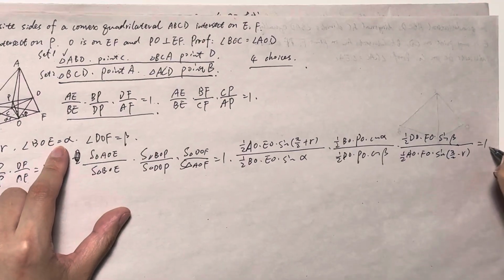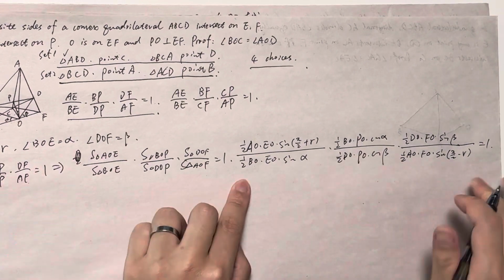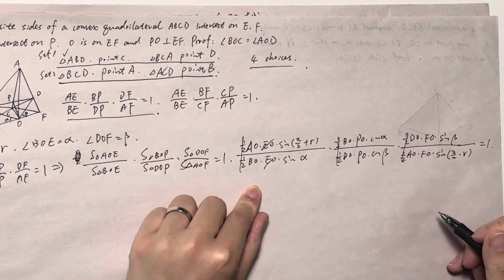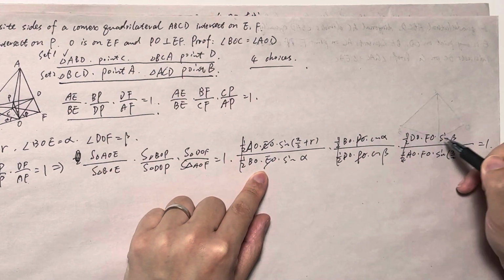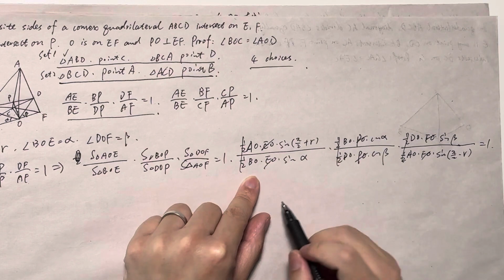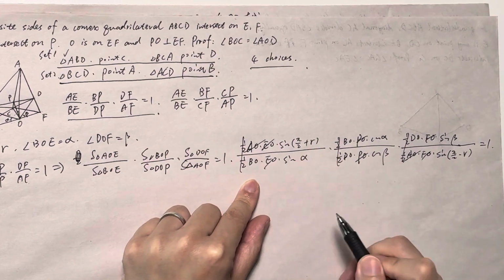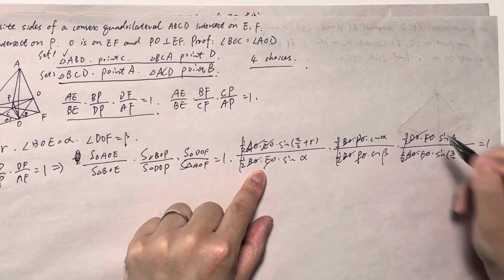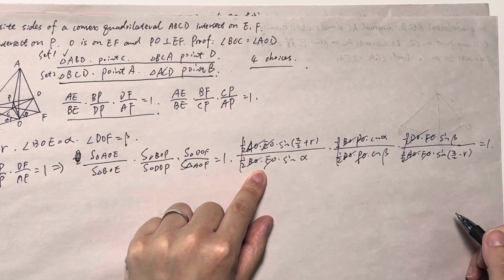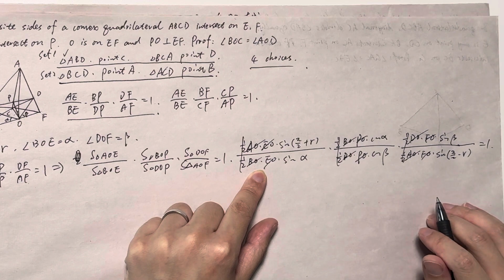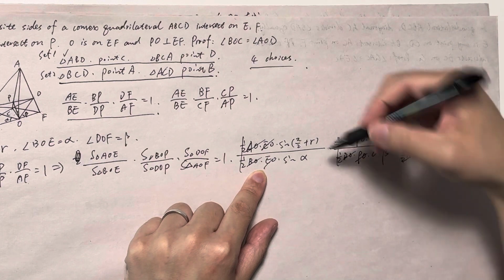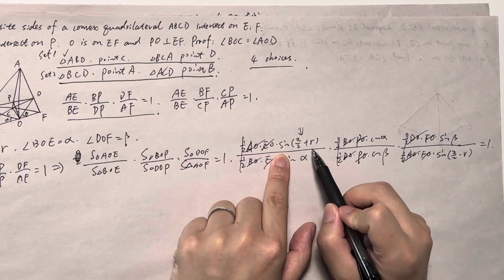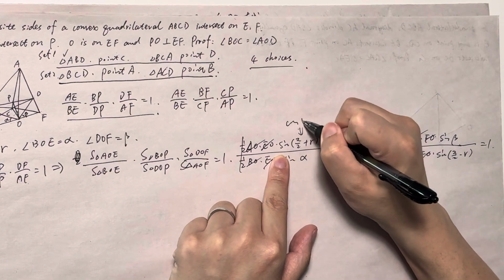Right? This equals 1. So we cancel all the 0.5 terms, EO, PO, FO cancel, right? And we see AO cancelled, BO cancelled, and DO cancelled, right? So what we have here, sine of pi by 2 plus gamma is cosine gamma.